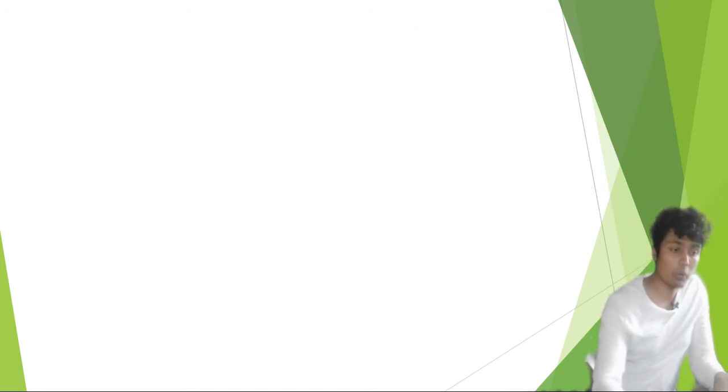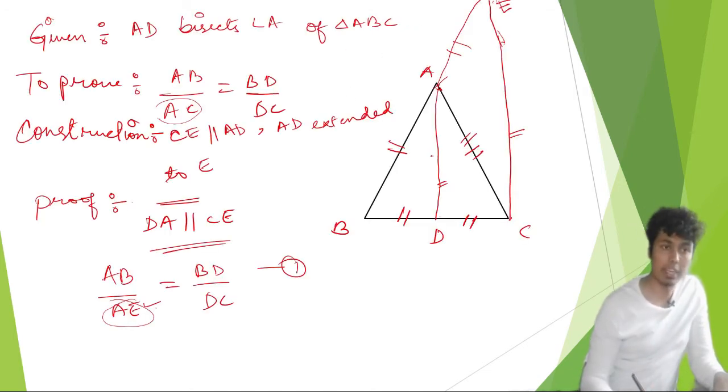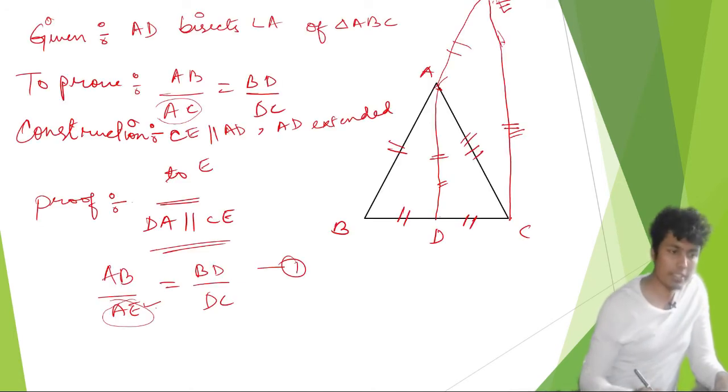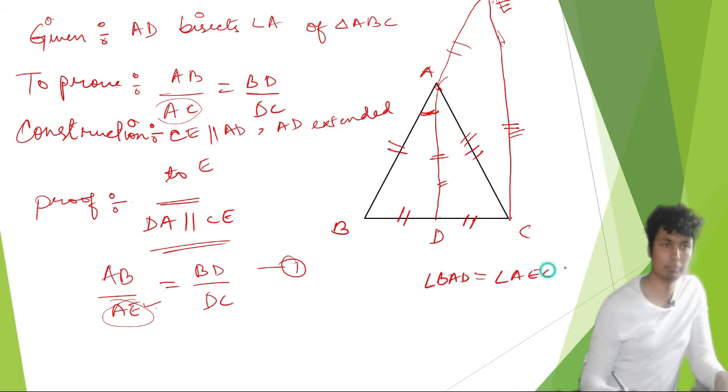Since AD is parallel to EC, we can say angle BAD, this angle, is equal to angle AEC, this angle.